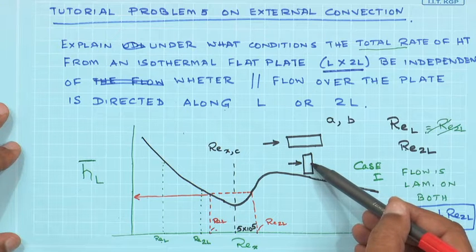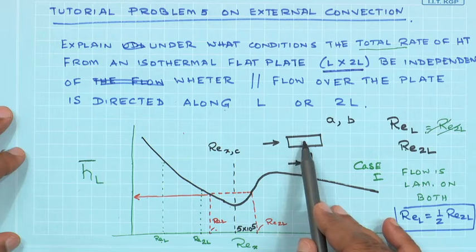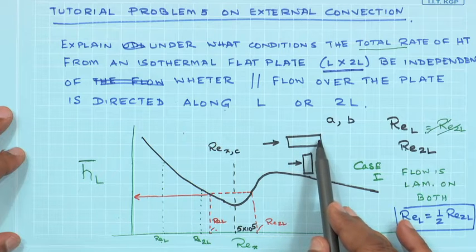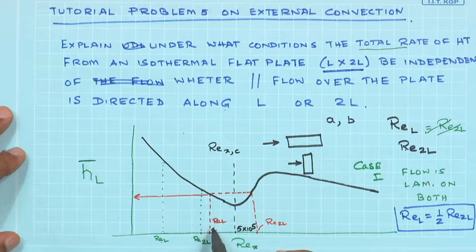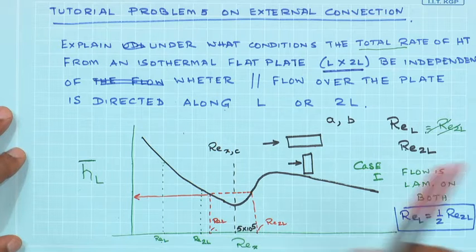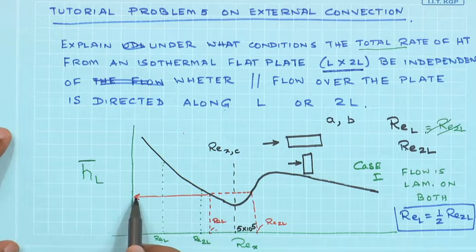When it is oriented in this way, this is your Reynolds number. In this case, the flow is laminar. In this case, the flow remains laminar up to a certain point and then changes to turbulent. So, pictorially, the situation may look something like this, which would probably, as the figure suggests, give us the same value of h bar.